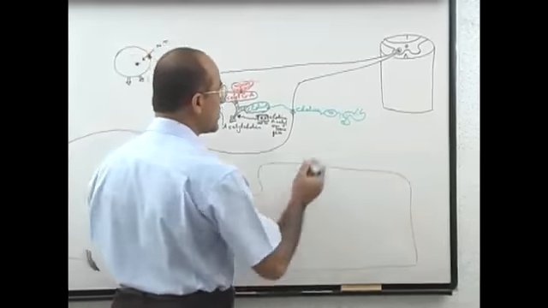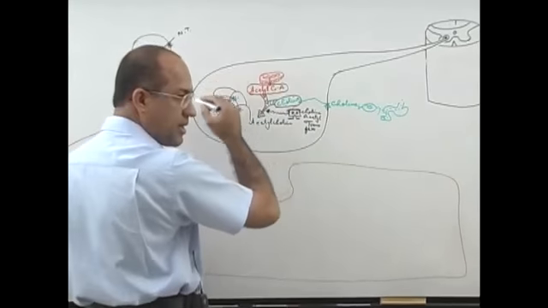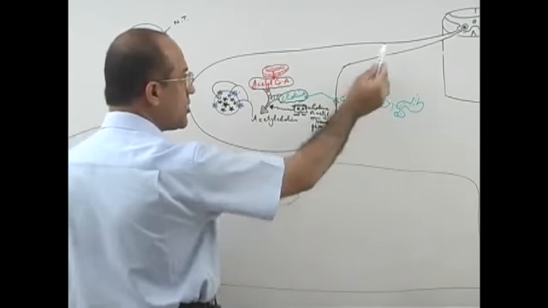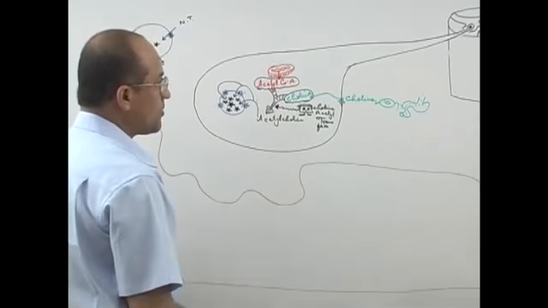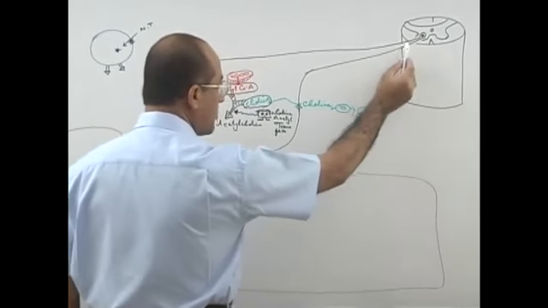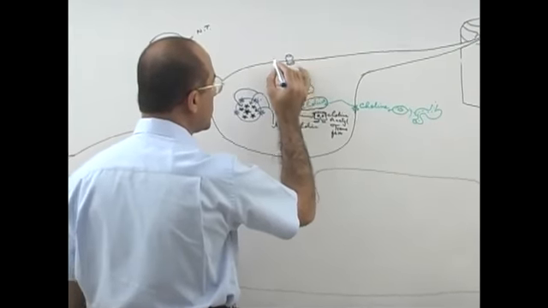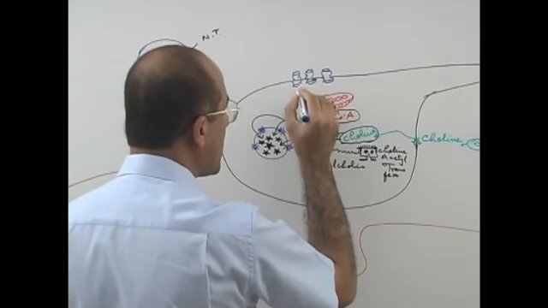All of you must know that when an action potential comes here on the membrane, it means a wave of depolarization followed by a wave of repolarization is approaching the nerve ending. When the spinal cord stimulates this motor neuron, the wave of depolarization moves down. What are these channels? Voltage gated sodium channels.